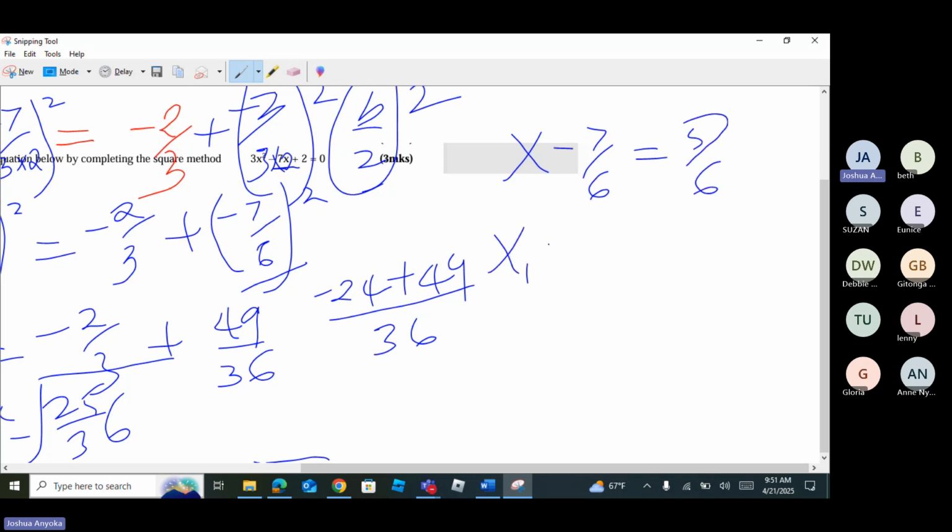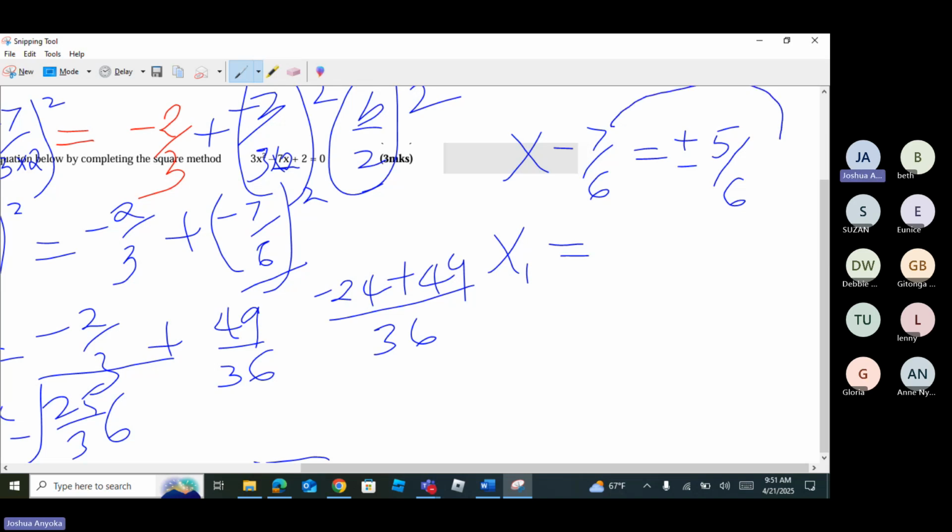The square root of a number is plus or minus 5 over 6.